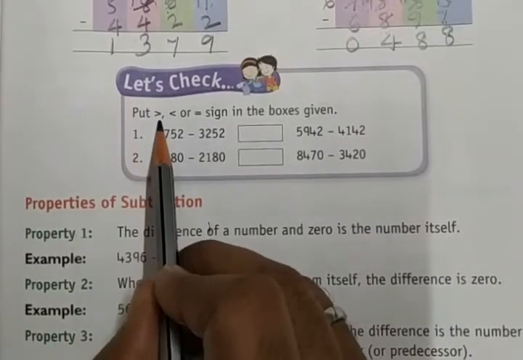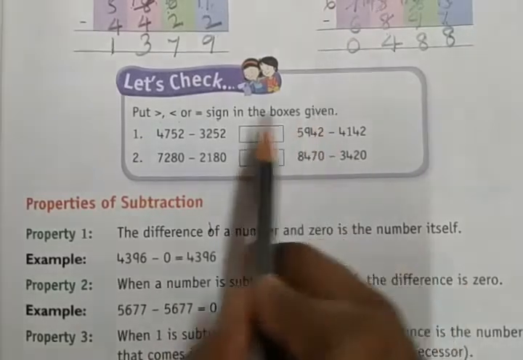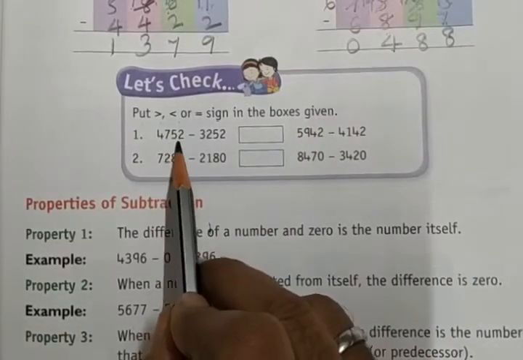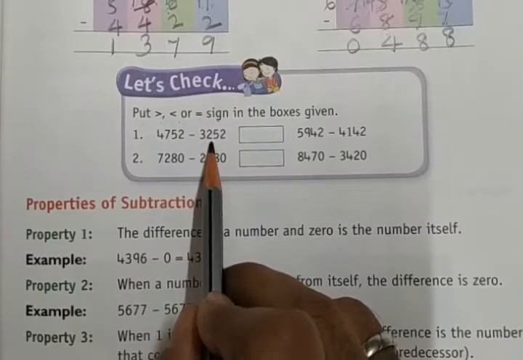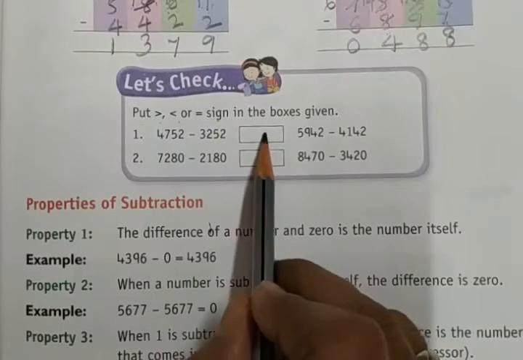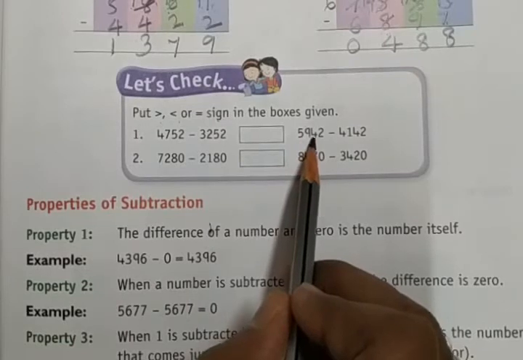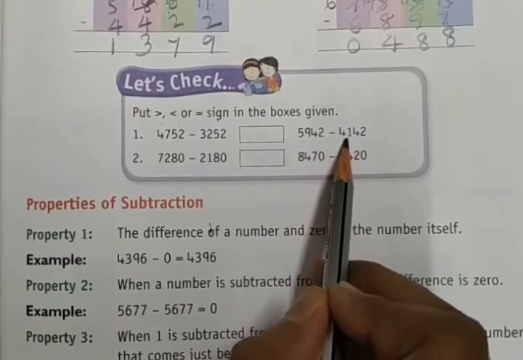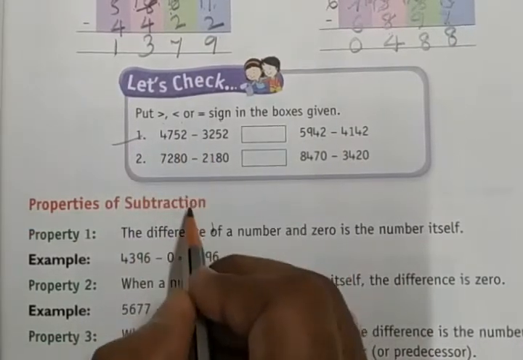So here let's check. Put a greater than sign, less than sign or equal to sign in the box given below. 4752 minus 3252. Here you have to put the sign. And 5942 minus 4114. So first we have to do the cross check.